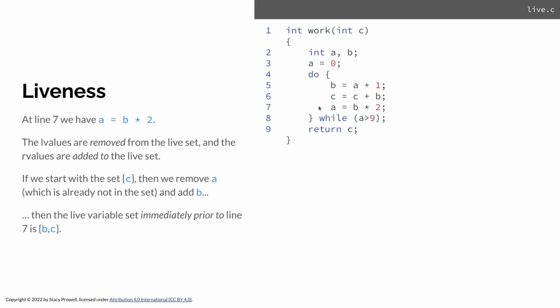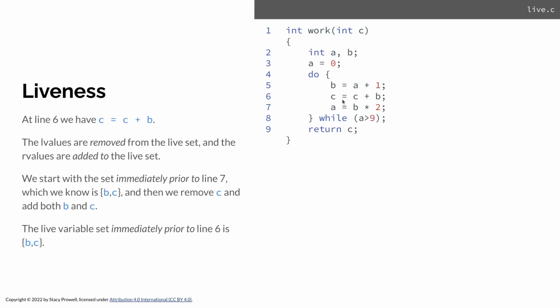We consider this line, we remove a because it's an L value, and then we add all the R values. There's only one, it's b. So now our set of live variables prior to this line is just b. And we can keep working our way back through in this manner.